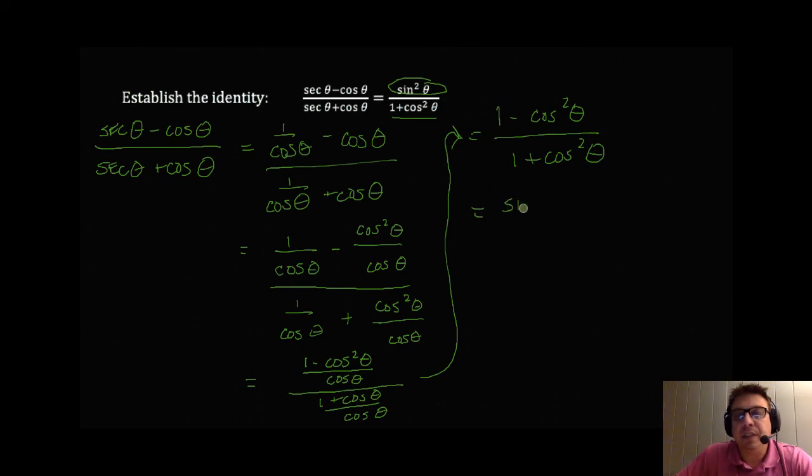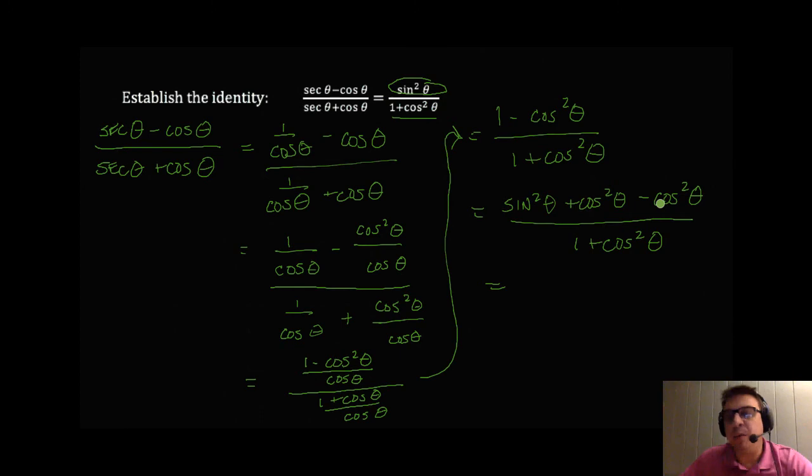So that gives me sine squared theta plus cosine squared theta minus cosine squared theta, all of which is divided by 1 plus cosine squared theta. Well, we see here that the cosine squared theta minus cosine squared theta will add out to 0, and I'm then left with exactly what we're looking for, sine squared theta divided by 1 plus cosine squared theta.